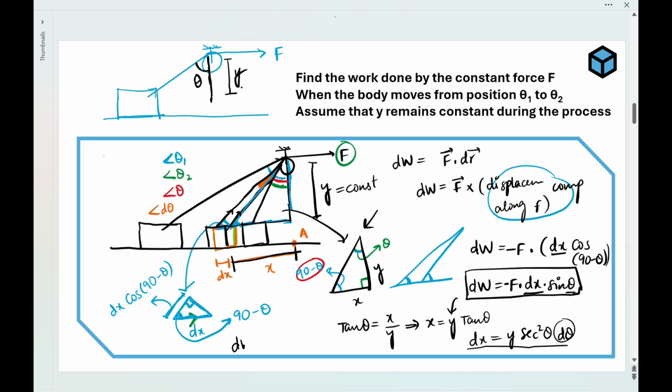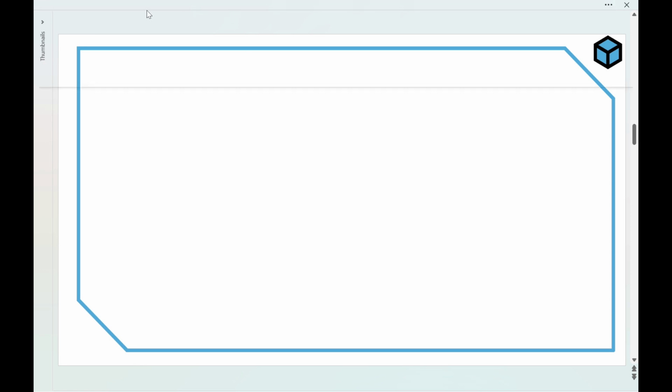So what is our final equation? We will write it on the next page. dw is equal to minus F dx sin theta, and we are putting dx equal to y secant square theta d theta. So dw was equal to minus F into dx into sin theta, and what we found was dx equal to y into secant square theta into d theta.